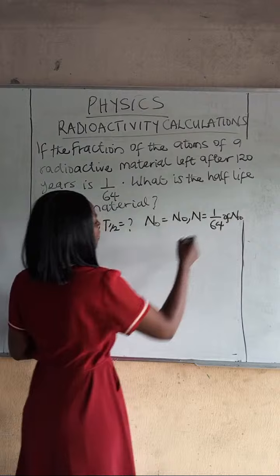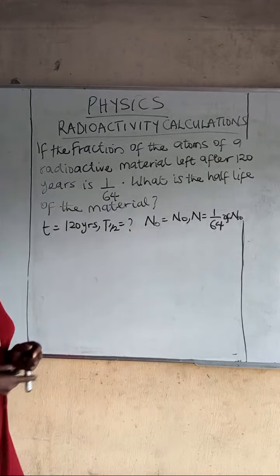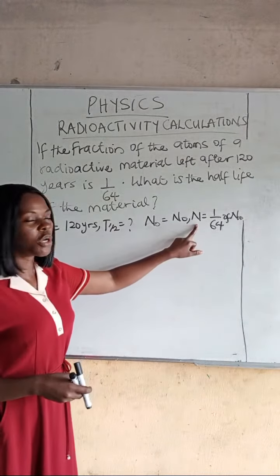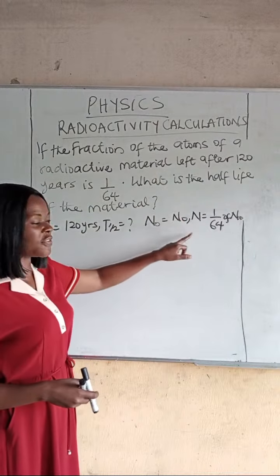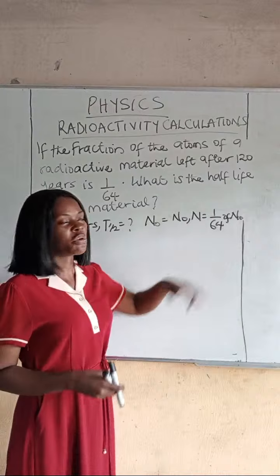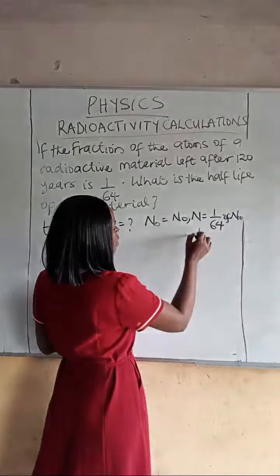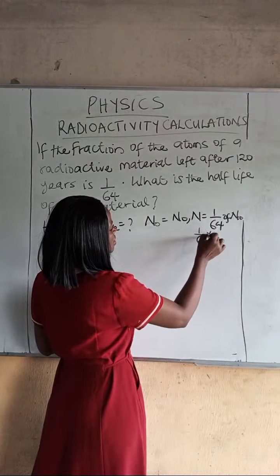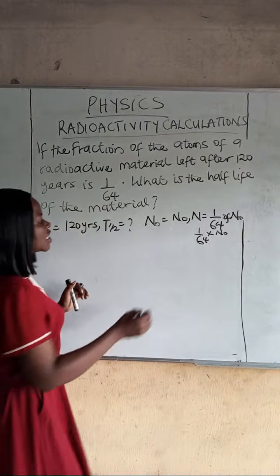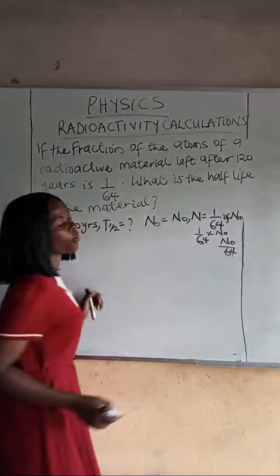The original number of atoms. Is it clear what I just did? My original number of atoms remains the same, but the atoms remaining, the fraction of the atoms left, is 1/64 of the original. So this is going to give me 1/64 times N naught, which is N naught over 64.